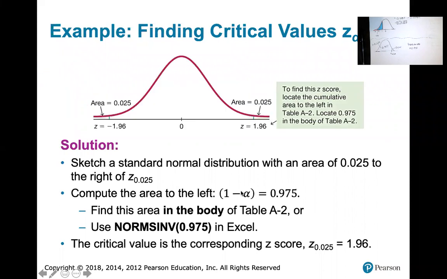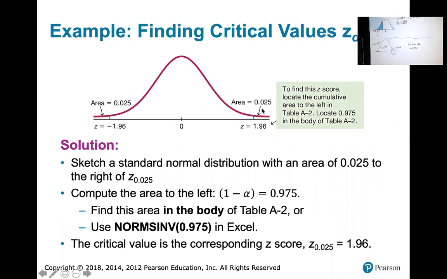Now, I wanted to point out that because of symmetry, if z sub alpha or z sub 0.025 is 1.96, that's separating that top 2.5% from that bottom 97.5% of the area under the curve. But because of symmetry, if z equals 1.96 separates the top 2.5% from the bottom 97.5%, z equals negative 1.96 separates the bottom 2.5% from the top 97.5%.